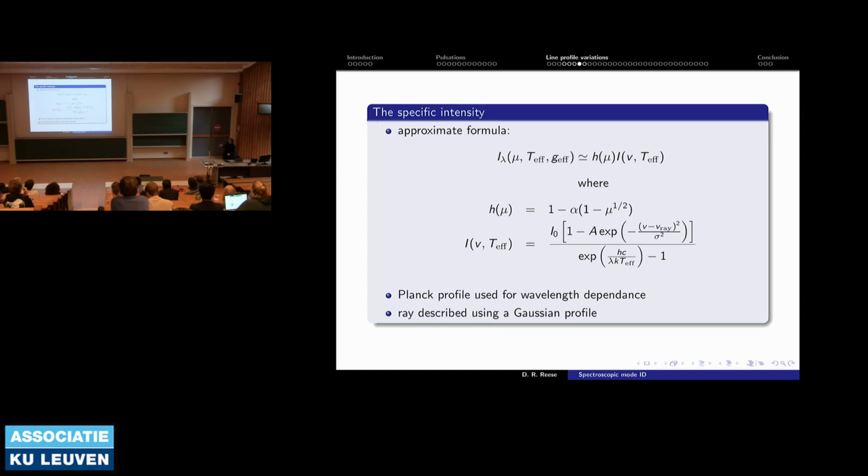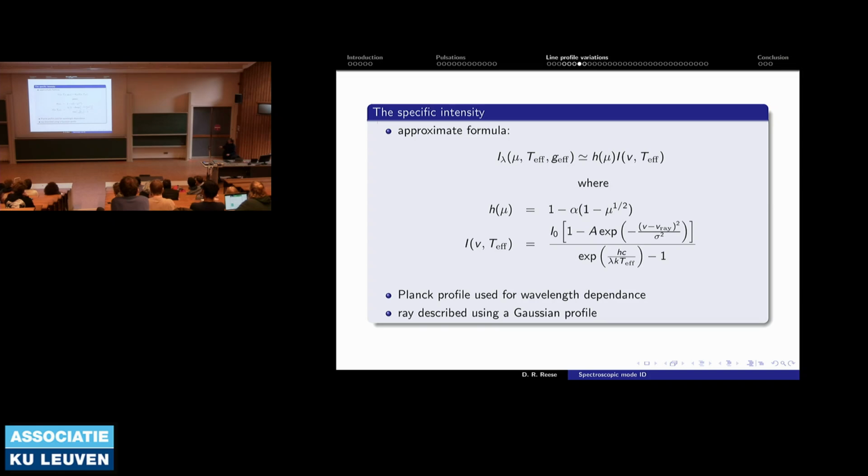So this h of mu function would be a limb darkening function. And for the specific intensity, I've decided to switch over to Doppler velocities, hence the v right here instead of the lambda. That's pretty much equivalent. I've dropped the dependence on the effect of gravity. And I've used the following formulas. So this is a fairly simple formula for limb darkening. There are more sophisticated formulas which exist.